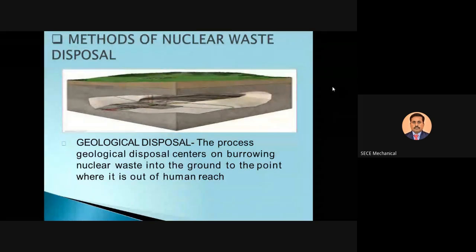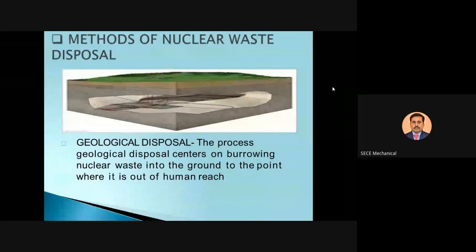The first method is geological disposal. What is meant by geological disposal? This is a process centered on burying nuclear waste into the ground to the point where it is out of human reach. So you have to bury it.